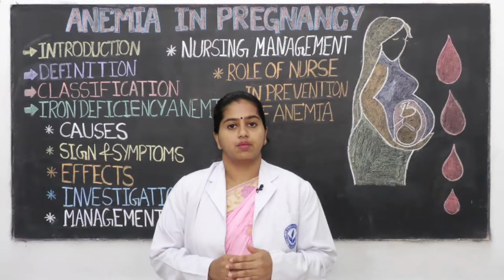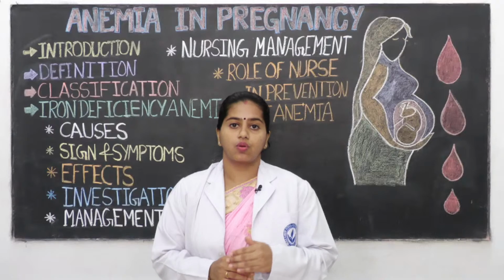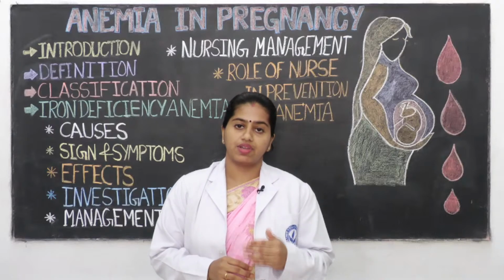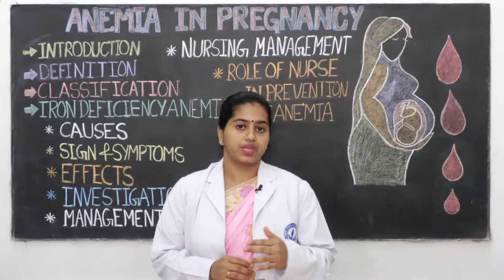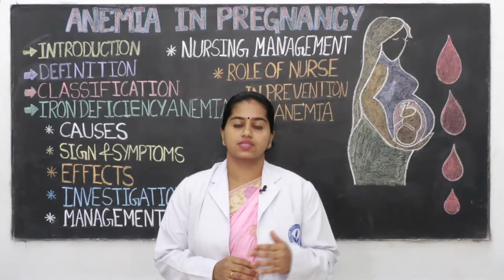Generally in pregnancy, when the woman's hemoglobin is less than 11 gram percent, she is called anemic. This was given by WHO.